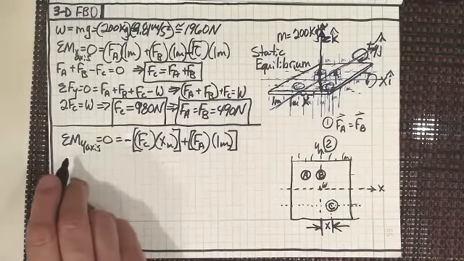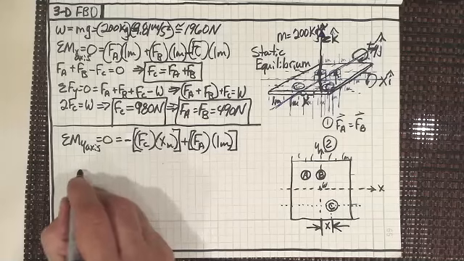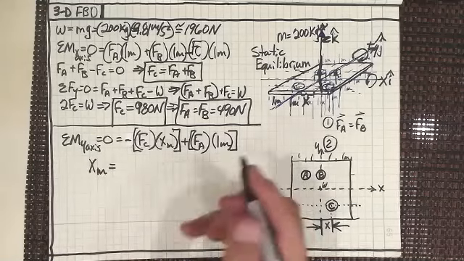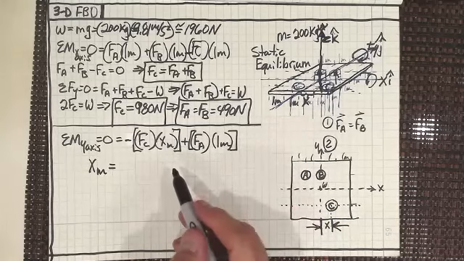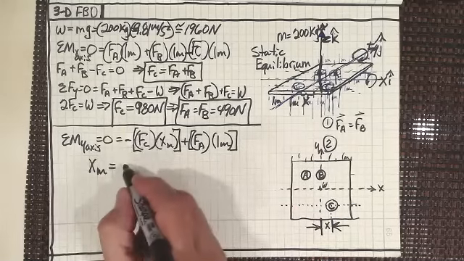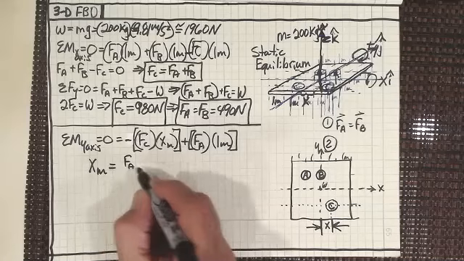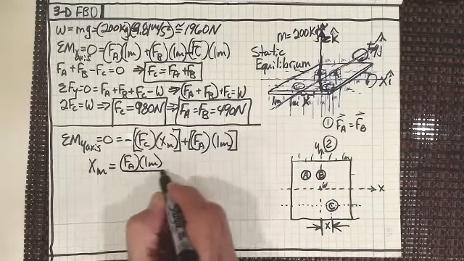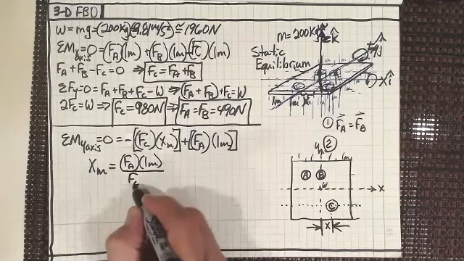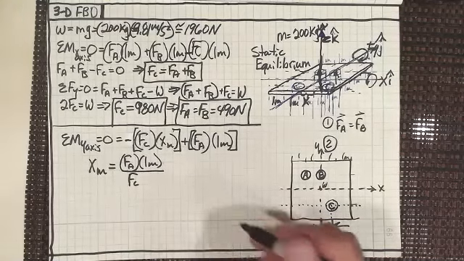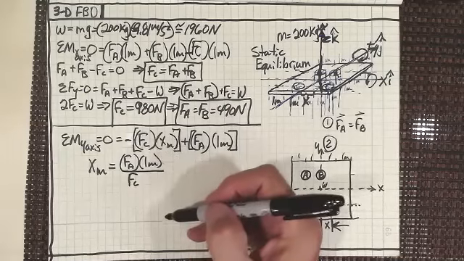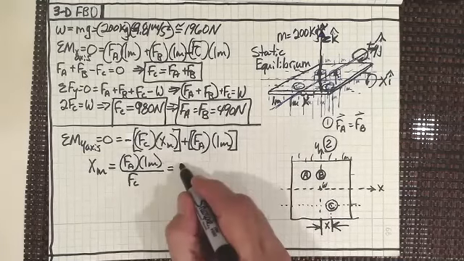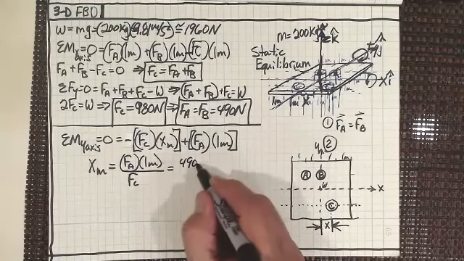So now we know that x sub m is going to be equal to F sub A times 1 meter divided by F sub C, right? And we know what those are already because that's 490 newtons.